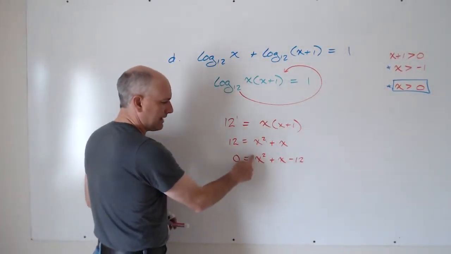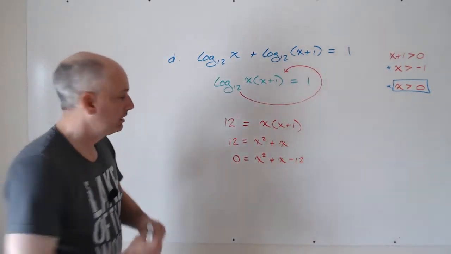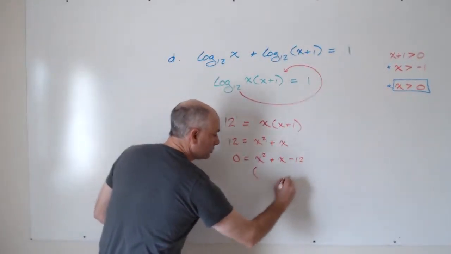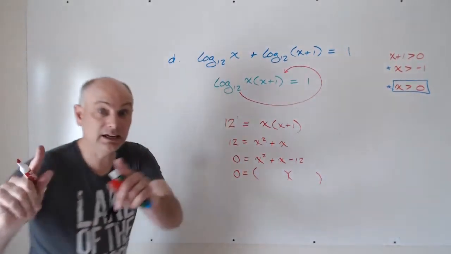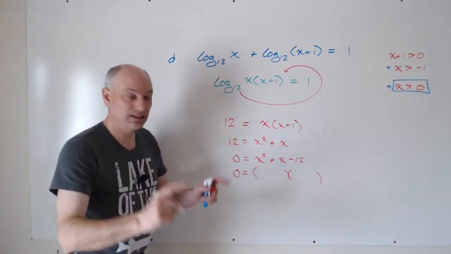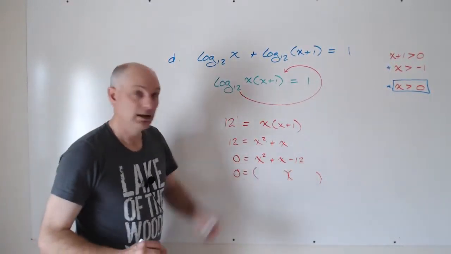Now again, because I've got the 1 in front of that x squared, we've already learned that I can take that right to binomials if it factors on its own. Well, let's see if it does. Two numbers that multiply to negative 12 that add to 1.